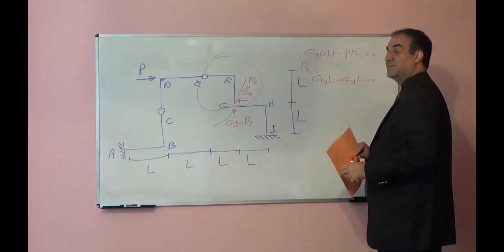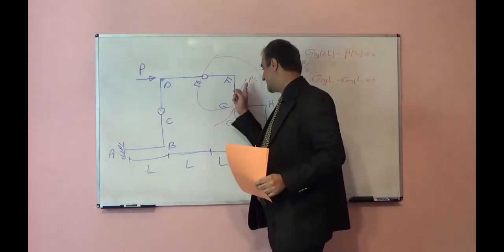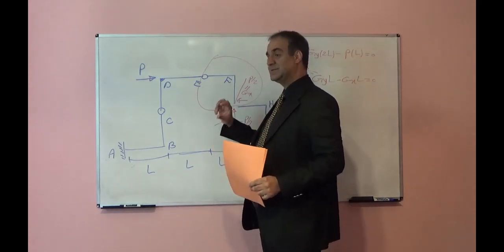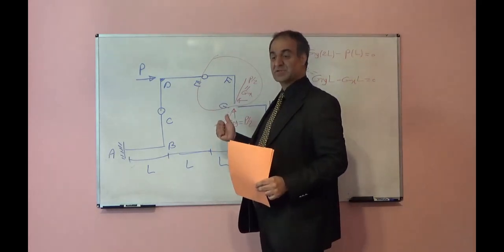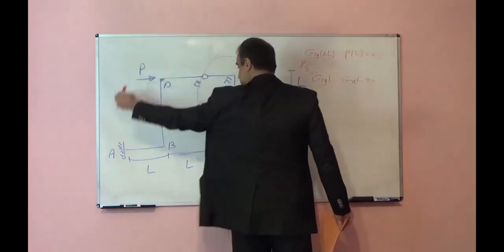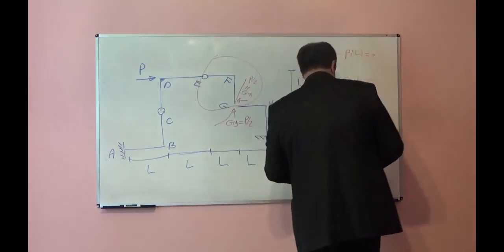Now we found the reaction at joint G, so we can change the direction of those reactions. That will be the action applied by the left side on the right side of the structure.